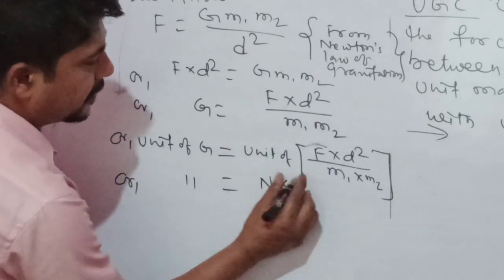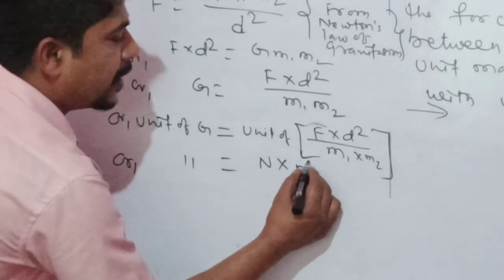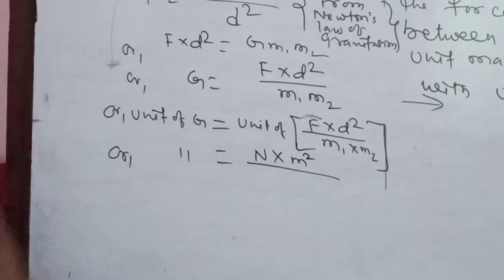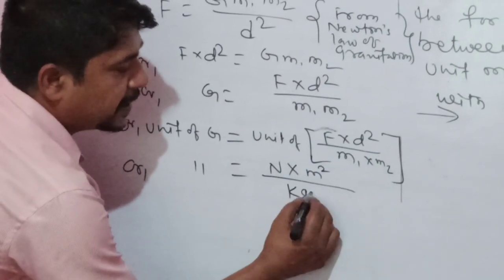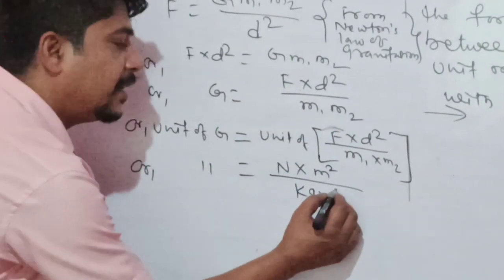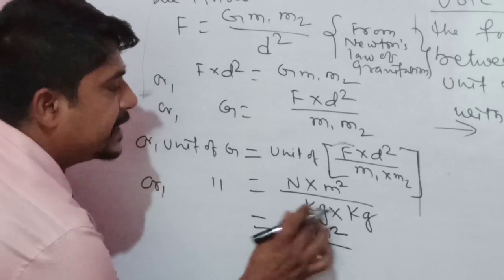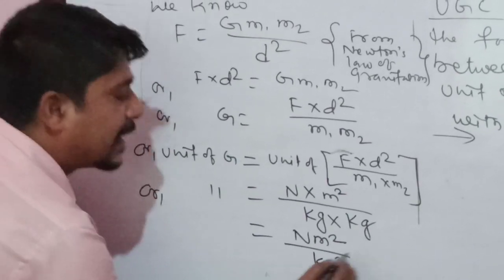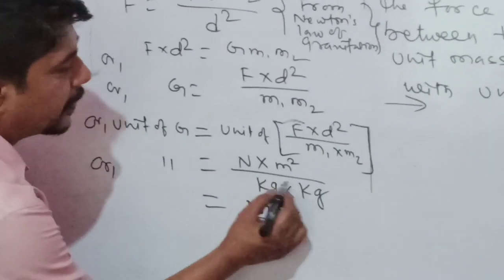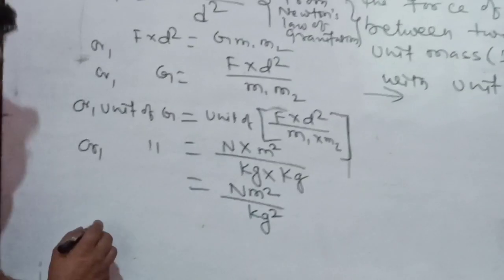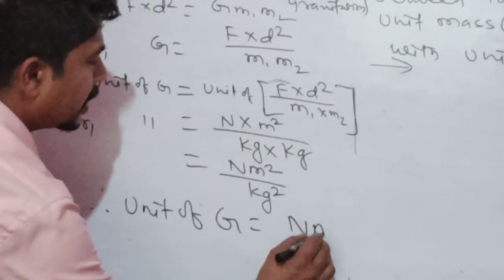Another is the square of distance. What is the SI unit of distance? Meter. The square of meter is meter square. Then m1 and m2 are masses, and the unit of mass is kg, both kg. So it equals Newton into meter square upon kg into kg. Multiplying kg by kg gives kg square, like a into a is a square. The bases are the same, so we add the powers: kg power 1 and kg power 1 make kg power 2. Therefore the unit of capital G equals Newton meter square per kg square.